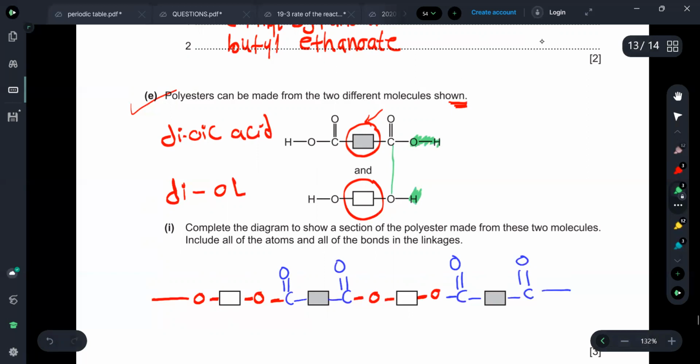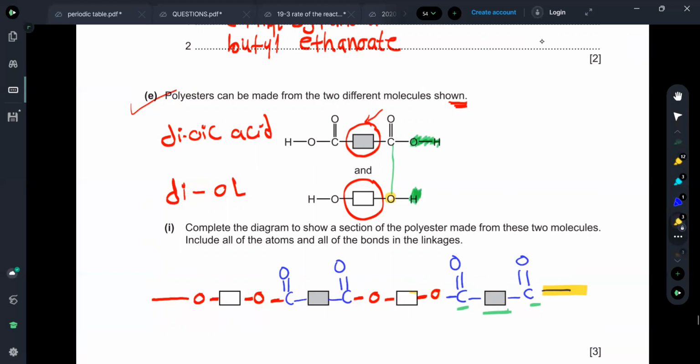So remove OH from the carboxylic acid and H from the alcohol and connect between C double bond O and O. So start from the shaded box, on the left and right side, C double bond O. Then remove OH and draw a continuous bond. Don't forget to draw the continuous bond. Then C double bond O connected to O.